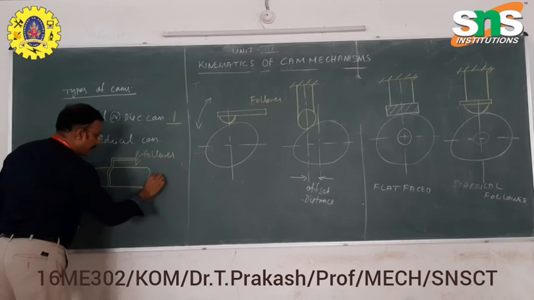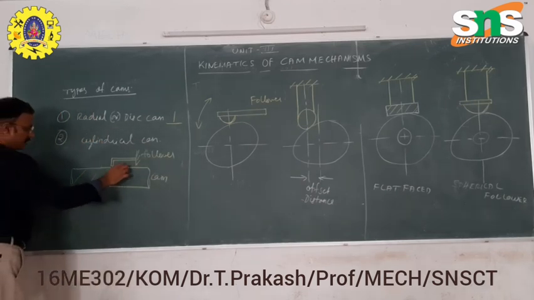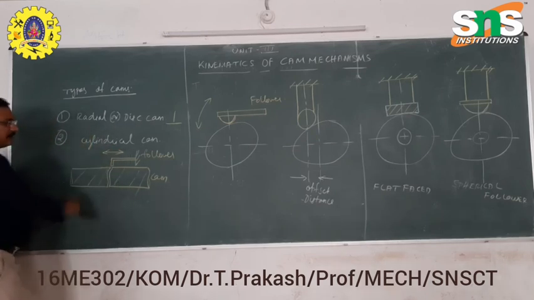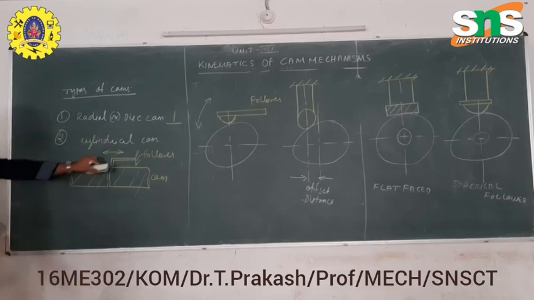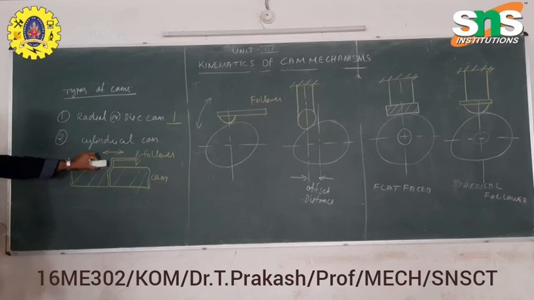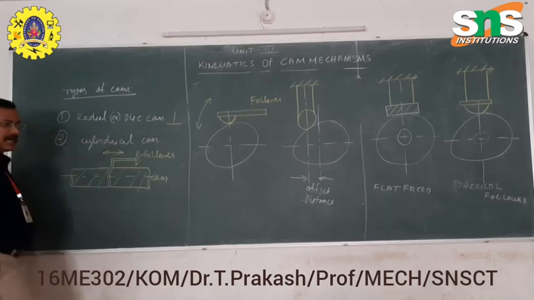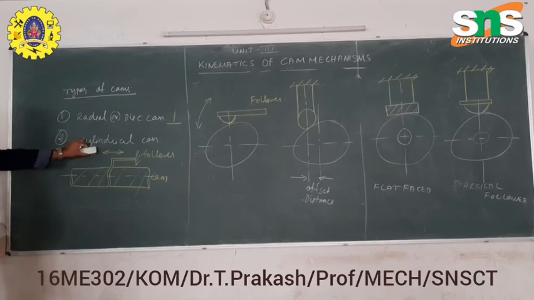It is our cam. Therefore, the cam has a cylindrical nature. The follower has a longitudinal motion. The follower will move in this direction. It follows the path of this cam profile. Therefore, the follower axis is in line with the cam axis. It is called as a cylindrical cam.